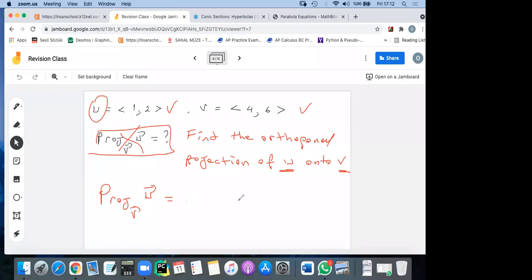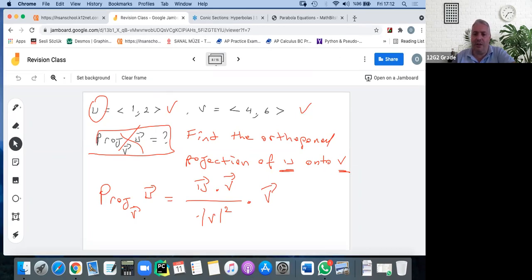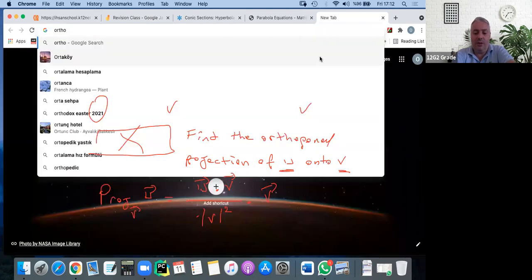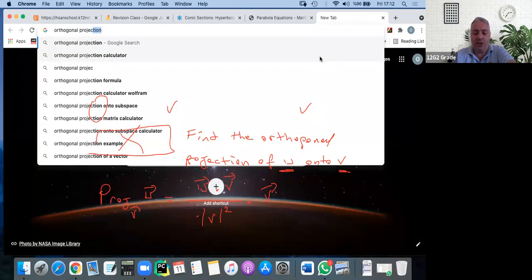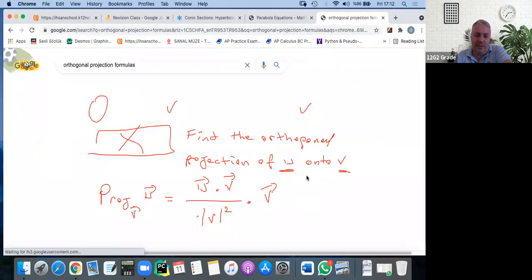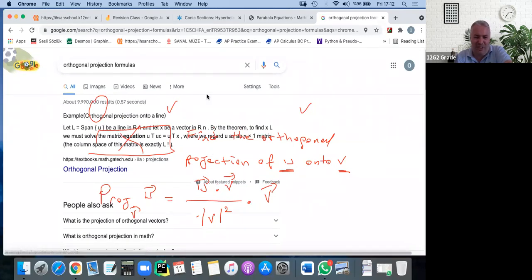If I am not wrong, the formula is this: u dot product v, over norm of v squared, times v. That's the formula, just to be sure, guys. Let me check it so I don't make a mistake. There are lots of formulas sometimes, and I get confused.